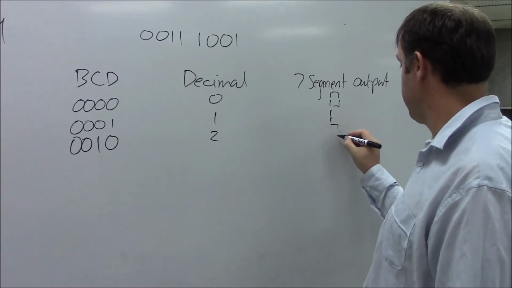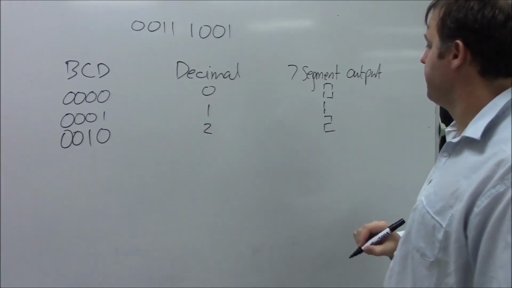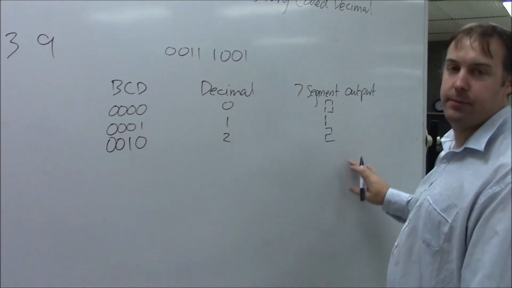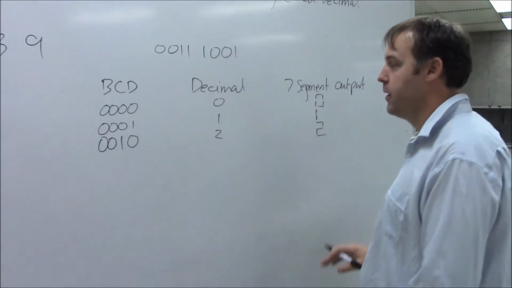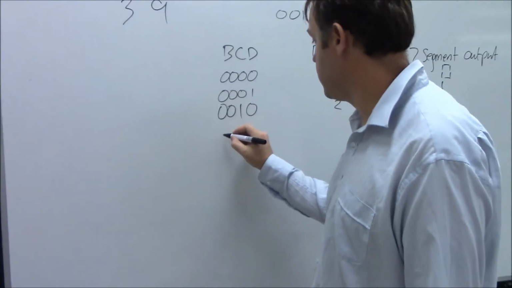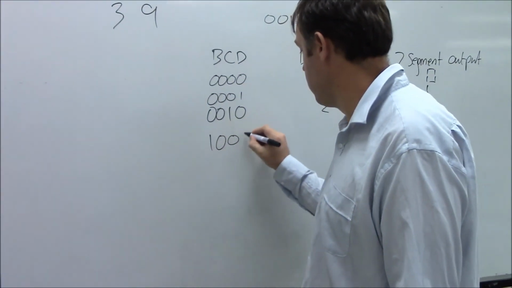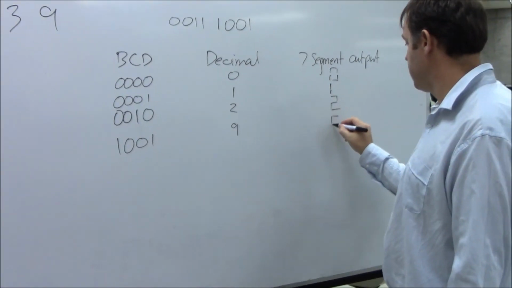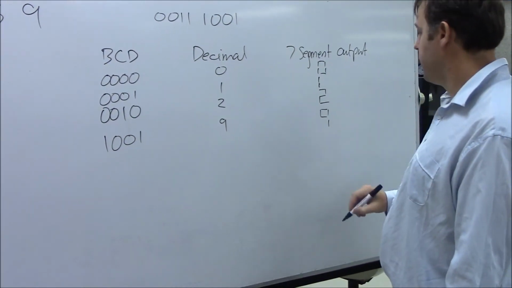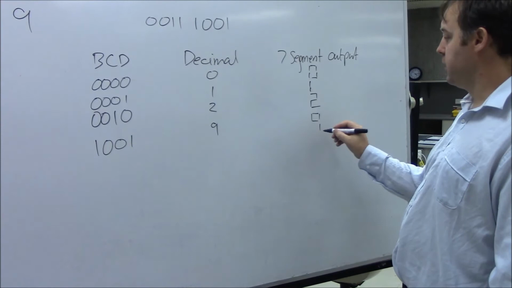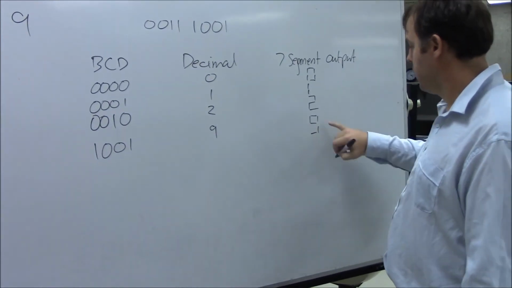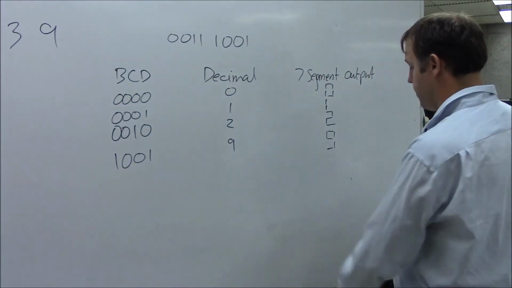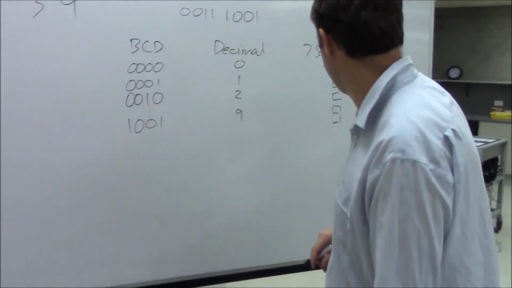You can probably see what's going to happen continuing on. So I'm going to skip a few. I'm going to get to 9, which is 1, 0, 0, 1, so we get the segments that operate as that. Now some of them do this one, and some of them do this one. I think that just depends on which country you buy them from, manufacturer, that sort of thing.